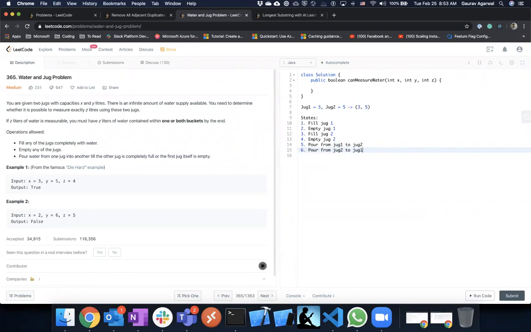For the second step, like I said, we already have 2 liters. We can come up with 2 liters, and that 2 liters has to be either in jug 1 or jug 2.